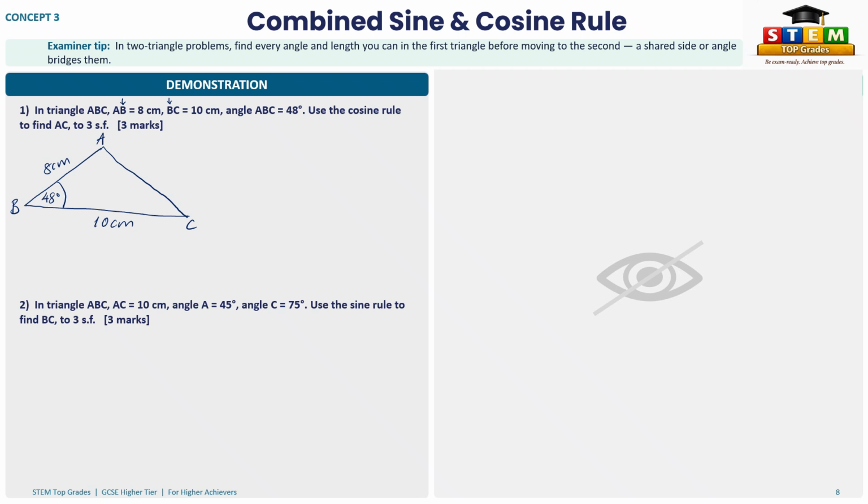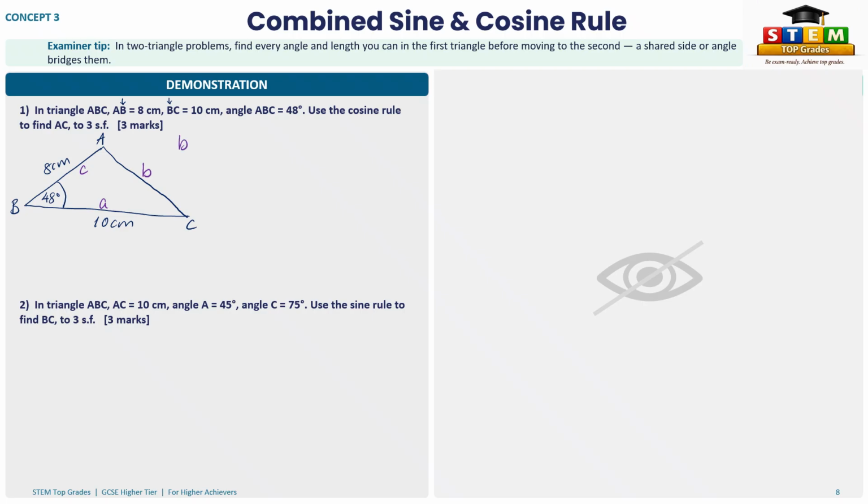If you remember, for the cosine rule, we need to use the lowercase letters. So let's say this is B, that is A, and that is C, because these are opposites. Therefore we're looking for length b, which is the same as length AC.